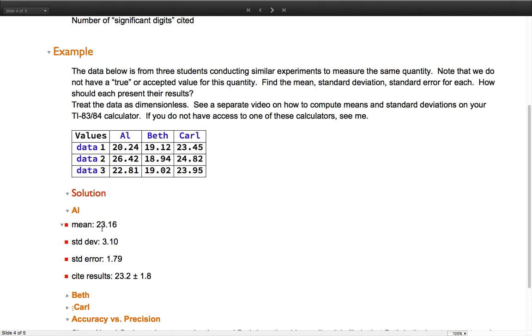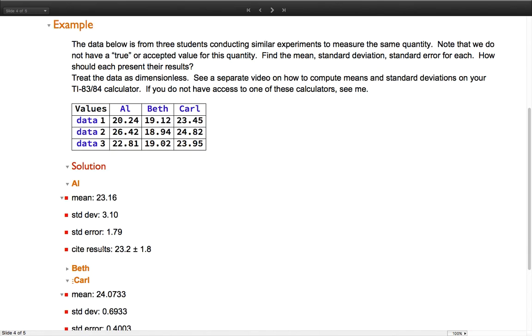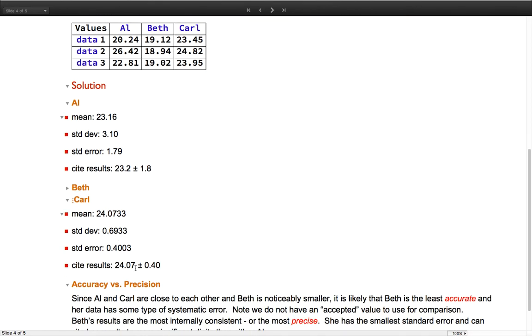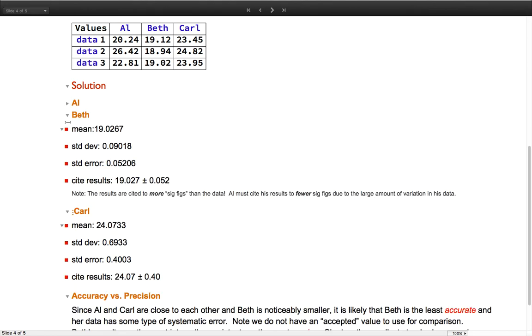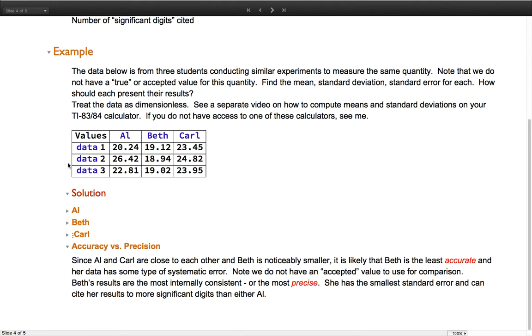Now, Al's average was 23.2, and Carl's average was 24.07. These two are fairly consistent with each other. Beth's is noticeably far off. It's 19. So probably what we're seeing here is Al and Carl got closer to the real values. They're more accurate.